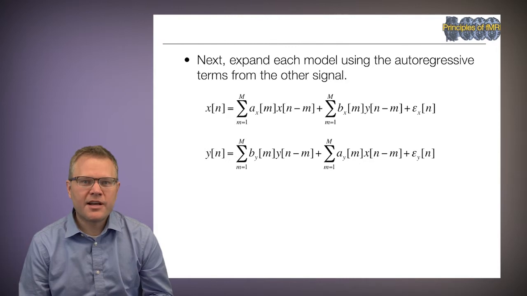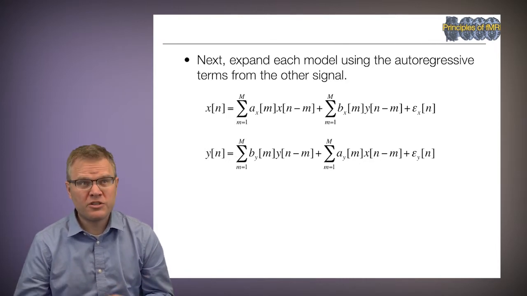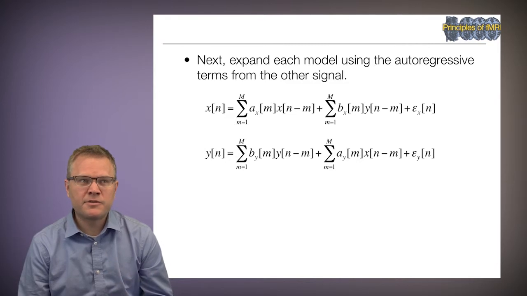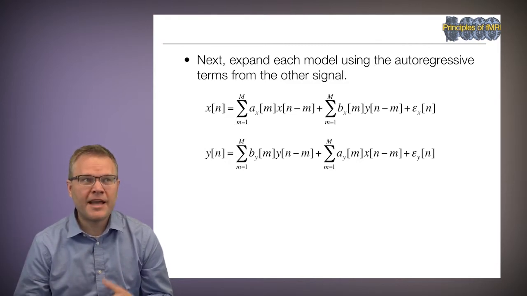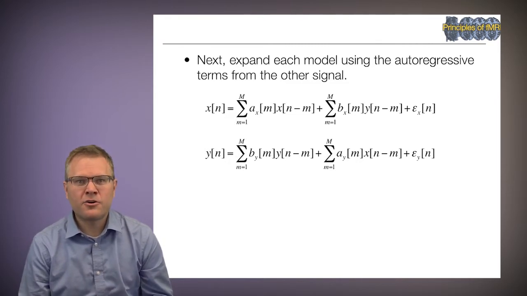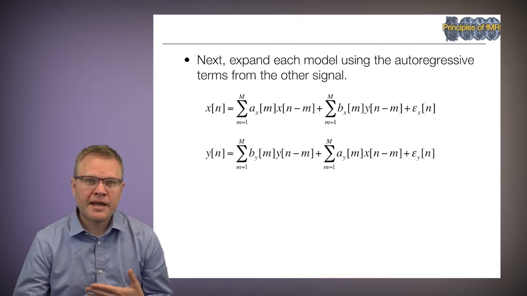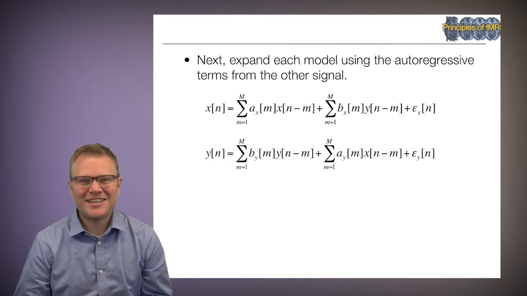The next step in Granger causality is to expand each model using the autoregressive terms from the other signal. So we still use the past m values of x in modeling the current value of x, but we also use the past m values of y. And then similarly, we do that for y. We use both the past m values of y and the past m values of x.